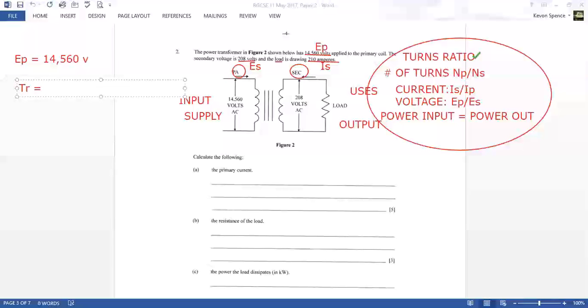And we are looking now at which formula has two things in it. And automatically we recognize that it is our voltage formula that has two things in it. So to find that now, we are going to say TR is equal to EP divided by ES.